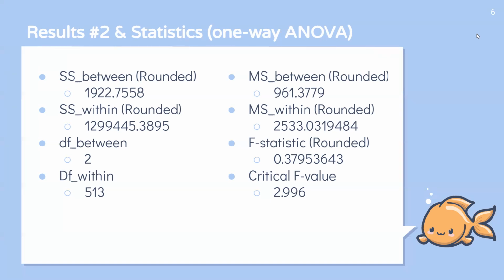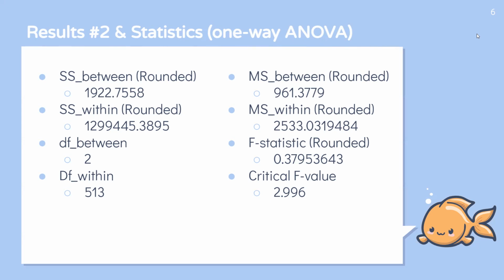The degrees of freedom for between groups are determined by subtracting 1 from the number of groups. Similarly, the degrees of freedom within groups are calculated as the total number of observations minus the number of groups. Mean squares are obtained by dividing the respective sums of squares by their corresponding degrees of freedom. These values play a crucial role as components for further statistical analysis.